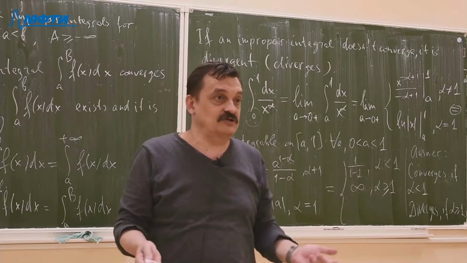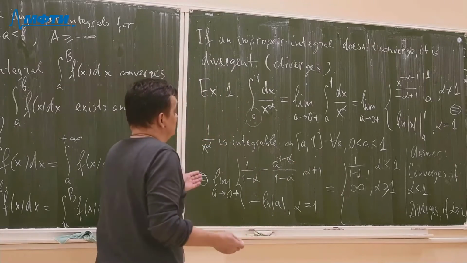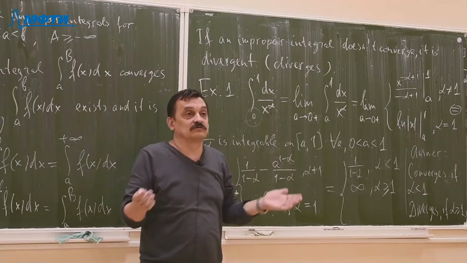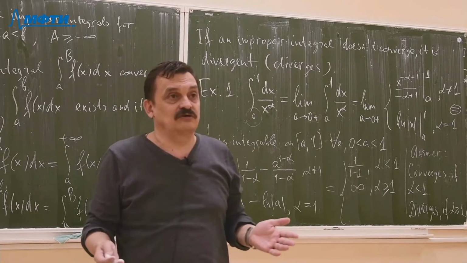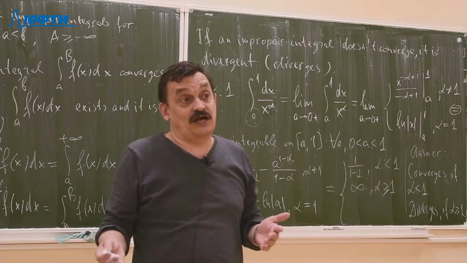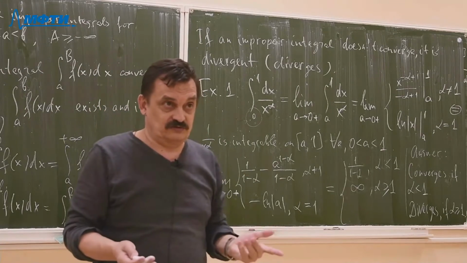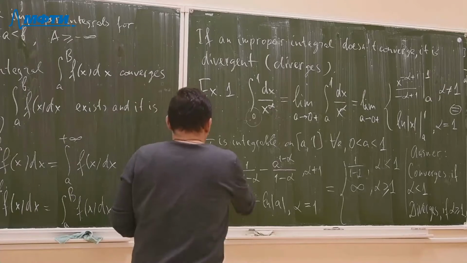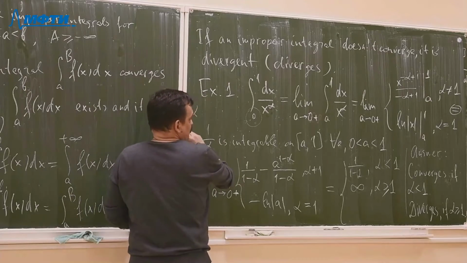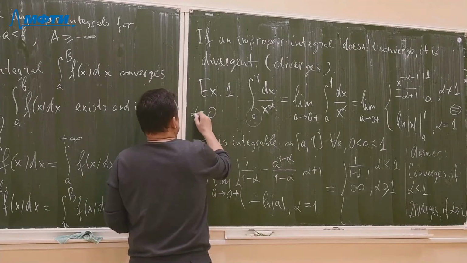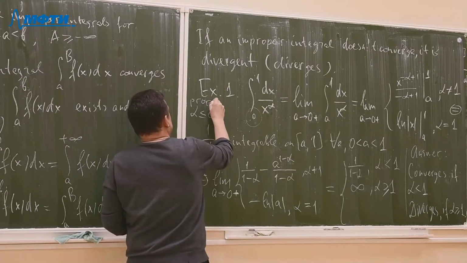Then it is continuous. Hence this integral is a usual Riemann integral, or what is called now, to distinguish it from improper integral, proper integral. So for alpha less or equal to 0, this is in fact a proper integral.